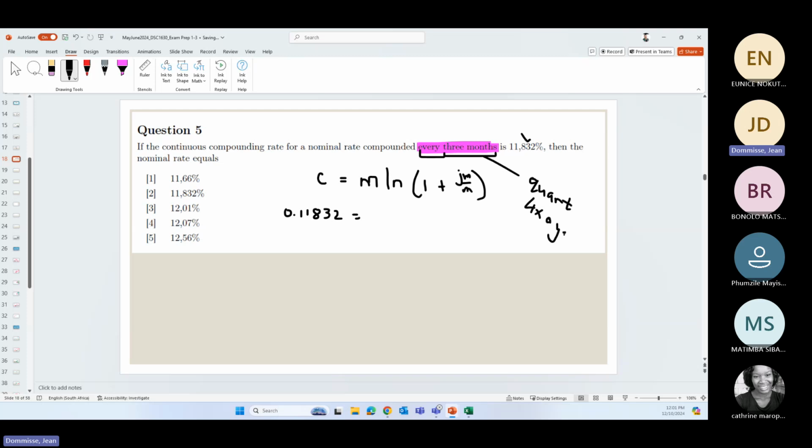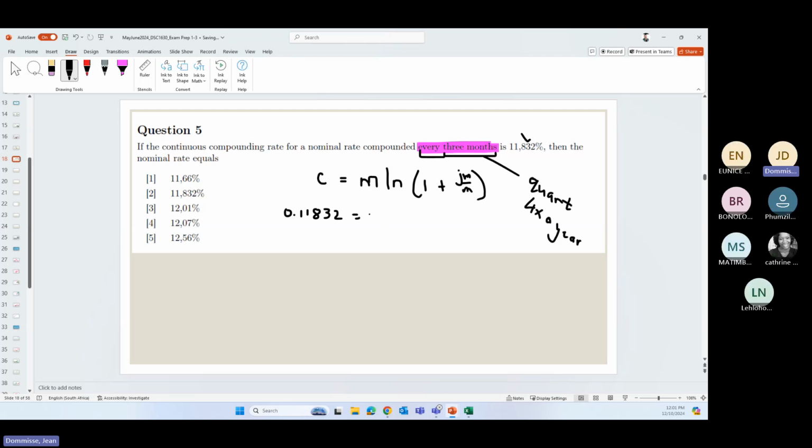So they could have been nicer with us to tell us it's quarterly or 4 times a year, but we now need to go and still work out every 3 months. But basically, it is 4 times a year. So we've got M that is 4. So we still need to work out what is Jm. That's fine. We will work with a formula.